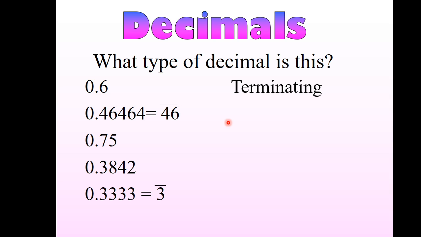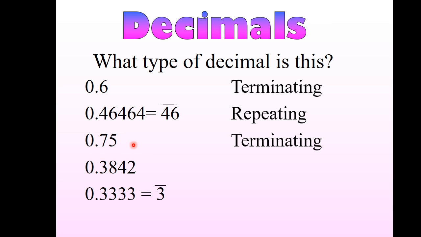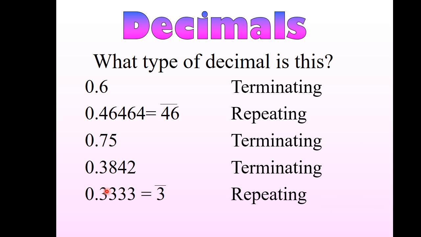So I think we can say that it is a repeating decimal. For the third one, we have another terminating one, because after 5, nothing is there. For the fourth one, we also have a terminating, and for the last one, we have a repeating, because it's only 3, 3, 3, 3, 3, 3, like I said earlier.